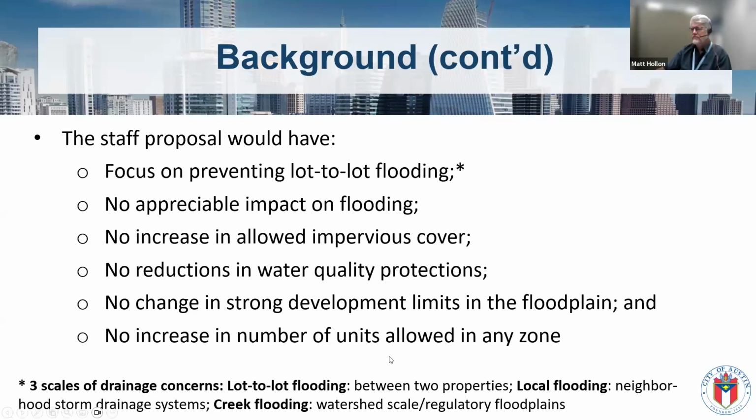There's a bunch of fine print at the bottom of this slide. I wish I had a little more of a visual of this. I talk a lot about flooding in Austin in my presentations and my outreach with the community. We basically have three scales, if you will, of how that works. First, a whole watershed, like a Waller Creek or a Shoal Creek or a Williamson Creek.